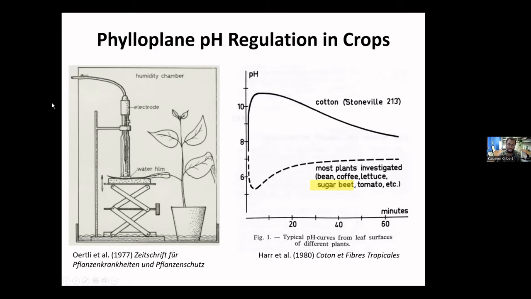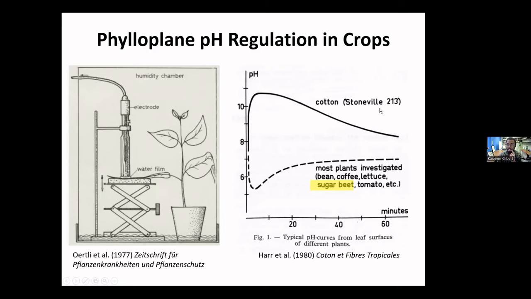And it turns out that, yes, as expected, there's some evidence that it's not just these highly modified carnivorous plants, but that most leaves are able to some extent to alter external pH levels. For most plants investigated, you see a very moderate acidification in a matter of a few minutes, bringing the pH level down about half a point, and then it drifts back up to neutral.